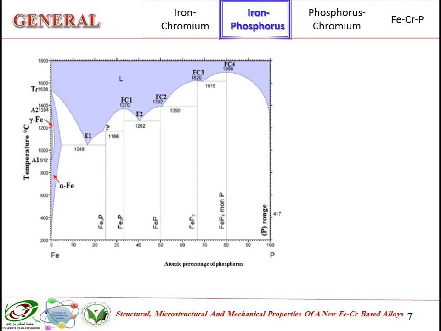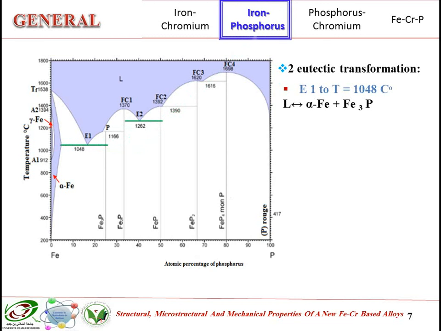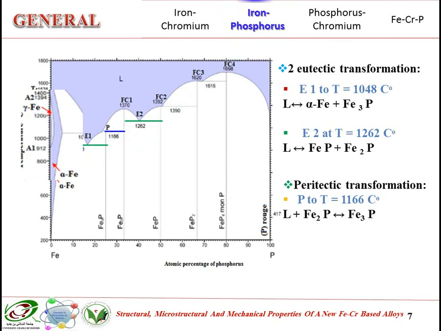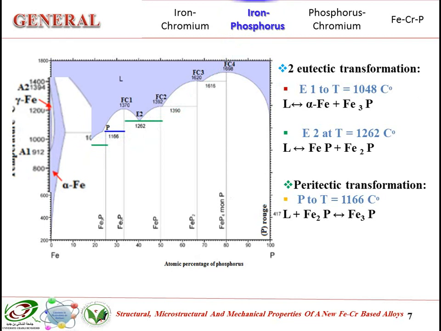The diagram of the iron phosphorus binary is characterized by two eutectic transformations, a peritectic one and an allotropic one from alpha iron to gamma iron at high temperature, as well as the possible formation of 5 defined compounds according to the P concentration and temperature.